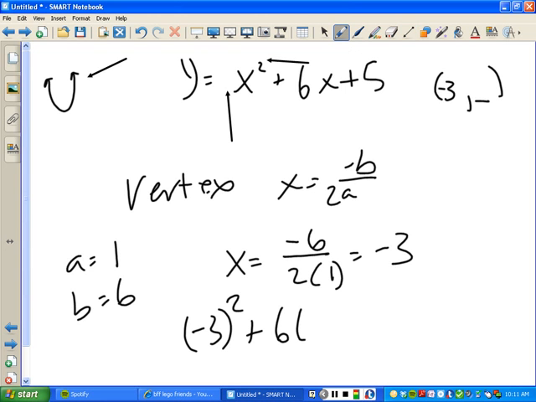Plus 6 times negative 3 plus 5. Okay? Got to be careful here. There's so many people who screw this up, and there's no reason to mess that up. Okay? You're going to get 9 minus 18 plus 5. 14 minus 18 is negative 4.